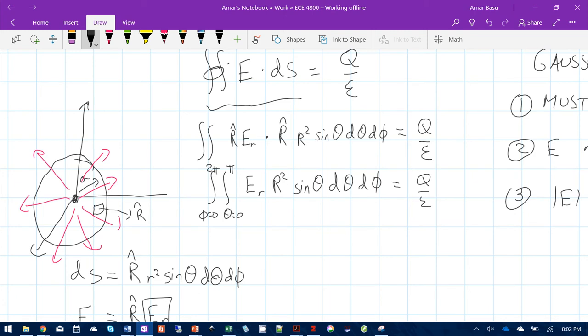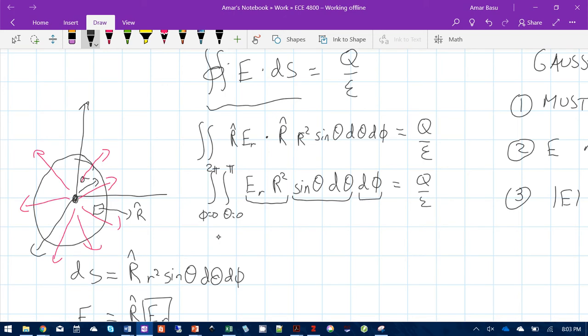Now, if you look at your integral here, I'm going to show you a little bit of a shortcut. You see that none of this stuff depends on the variable of integration. These are all the thetas, and these are all the phis, right?